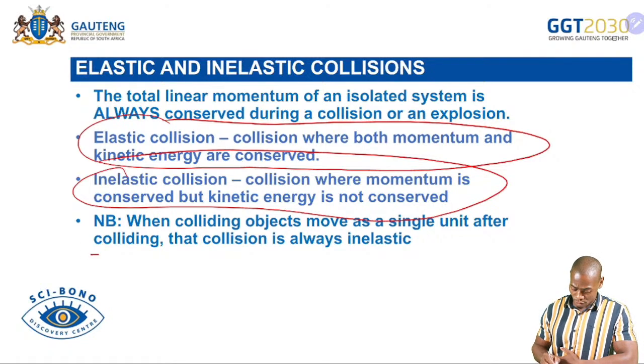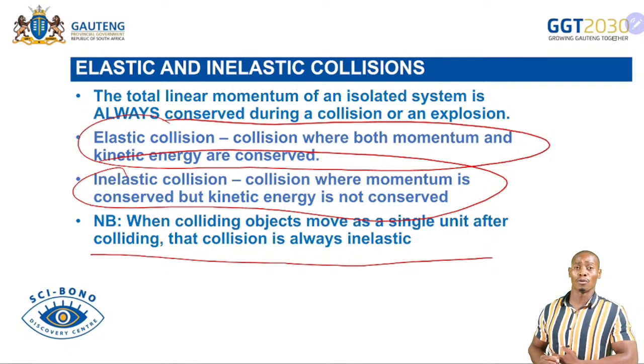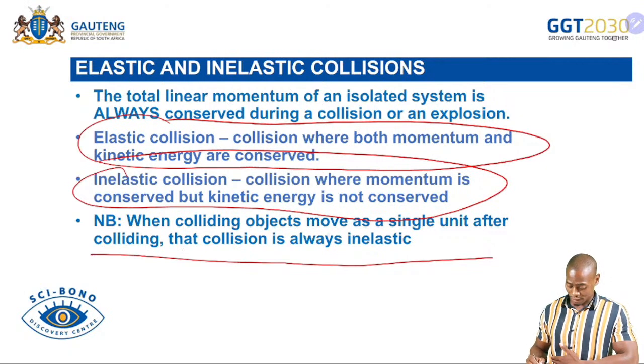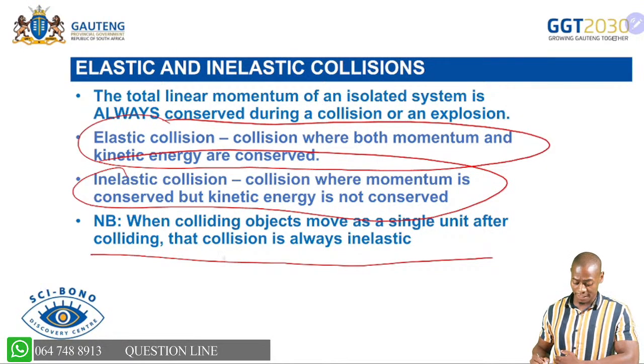And another thing that you need to know, especially for that scenario 2 where objects are moving at different velocities before collision, but after collision they're moving as one. You should know that that collision is always inelastic. That is very, very important. When colliding objects move as a single unit after colliding, you should know that the collision is always inelastic.